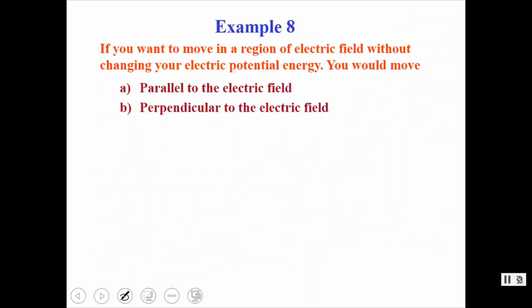Once again, pause when you get a chance before moving on. Would you want to move parallel or perpendicular to the electric field if you wanted to have no change in potential?